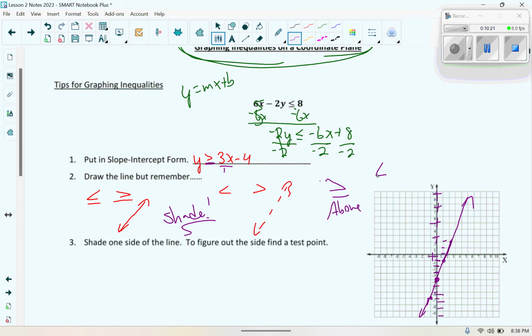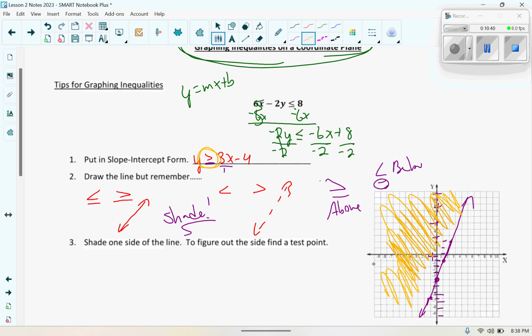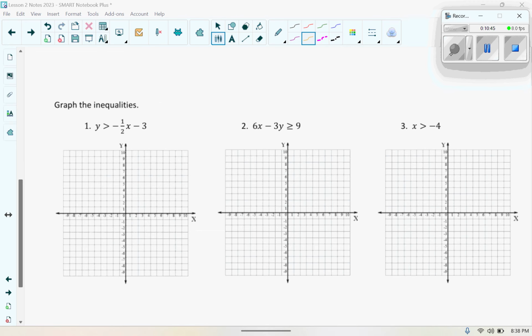And if it's less than or equal to, and again, you don't need that, you're going to shade below the line. So look at this. We have greater than or equal to, so we're going to shade in this direction. So it looks like that. Okay. Go ahead and try these three and see if you can do them.